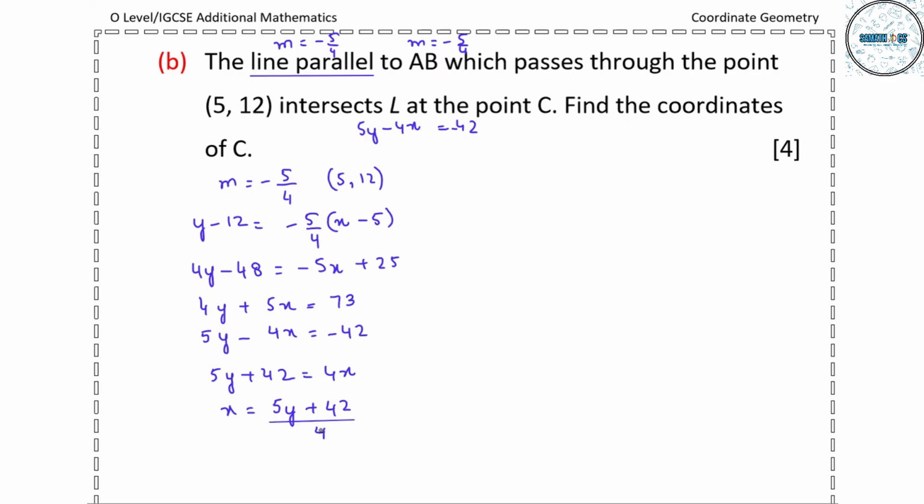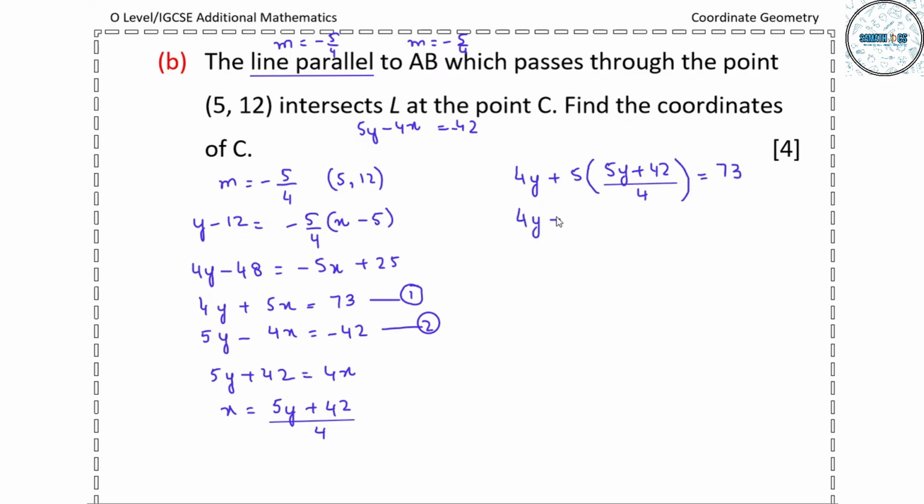Now we can substitute this value of x in equation 1, which is this one. 4y plus 5 times (5y plus 42) upon 4 is equal to 73.